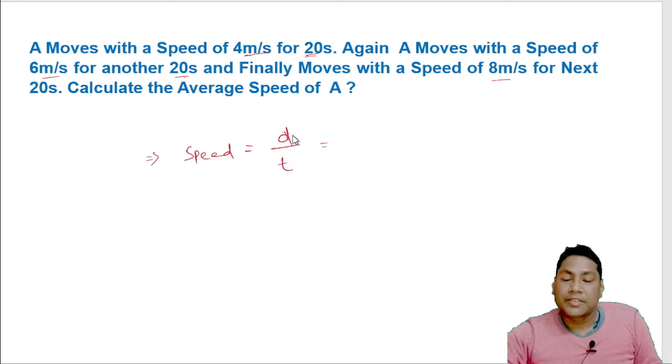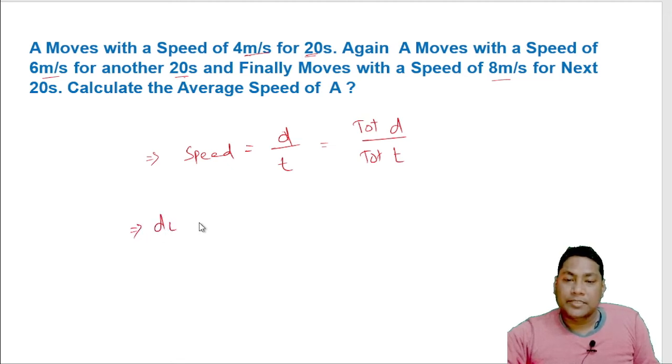Here the distance is given in 3 parts, so the formula will become total distance divided by total time.